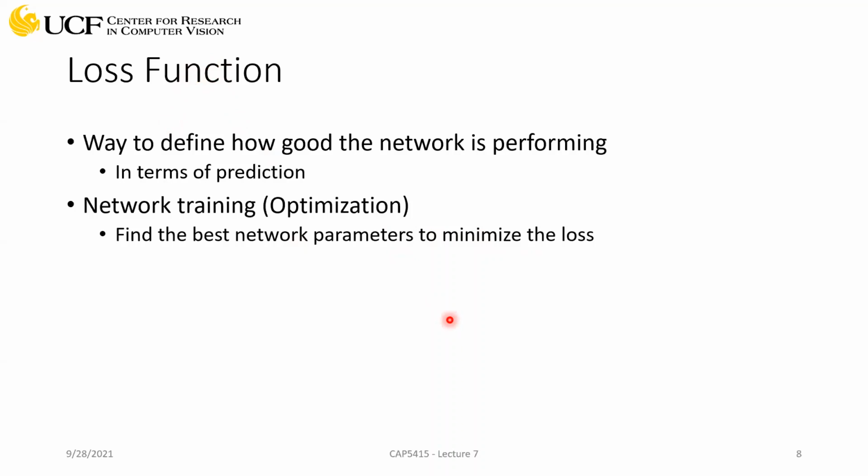For example, if given an image of Apple, your network is saying fish, so it's performing badly, then we'll try to optimize the network or change the weights of the kernel in such a way that it moves towards Apple instead of saying fish. And then that will minimize the loss.